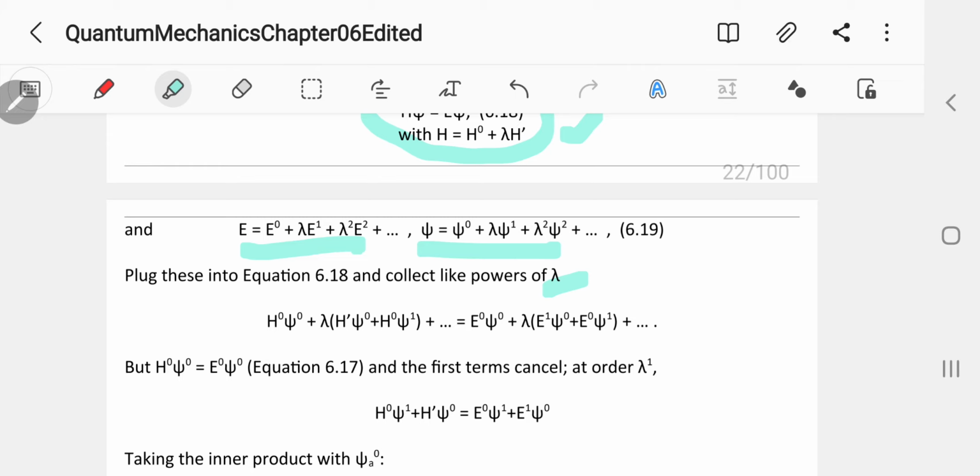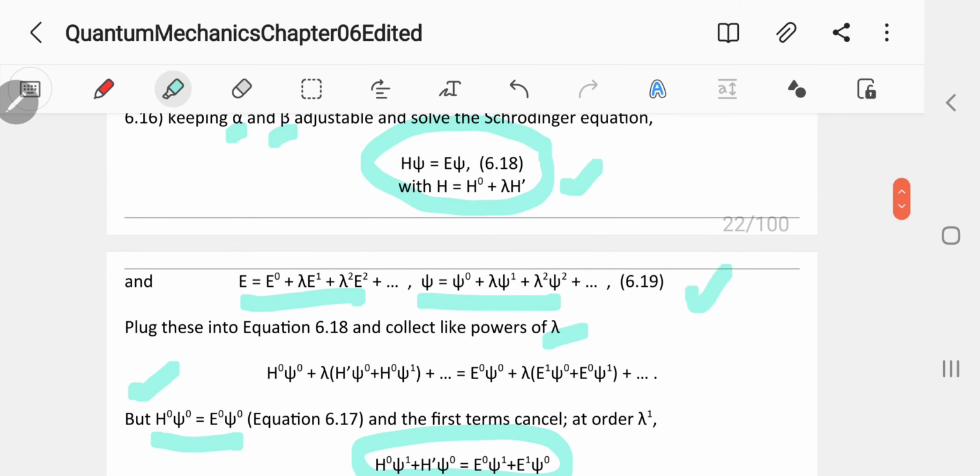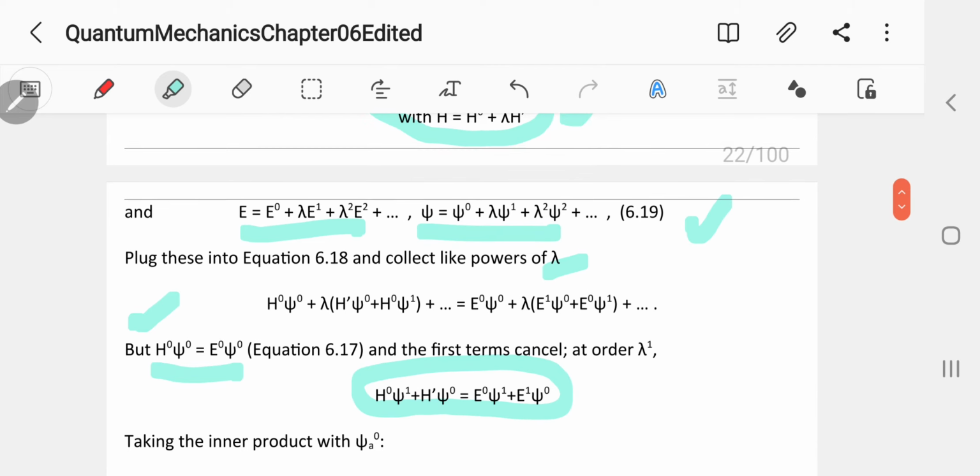So now you have this one. By the way, this is trivial. So by the way, this 6.19 would have to be substituted into 6.18 here, so that you can get the correction.